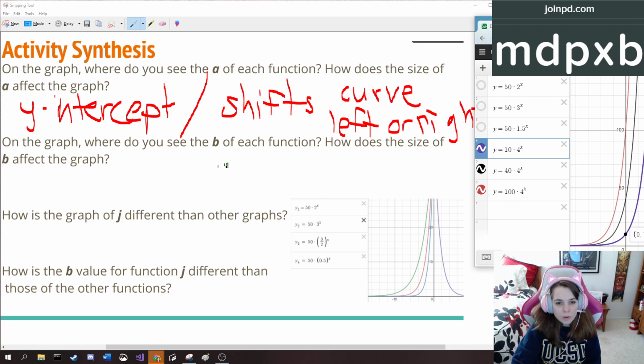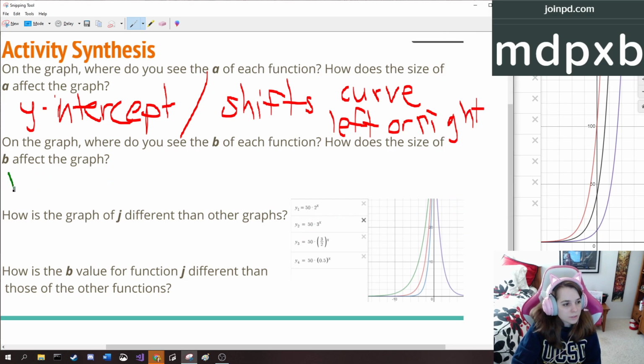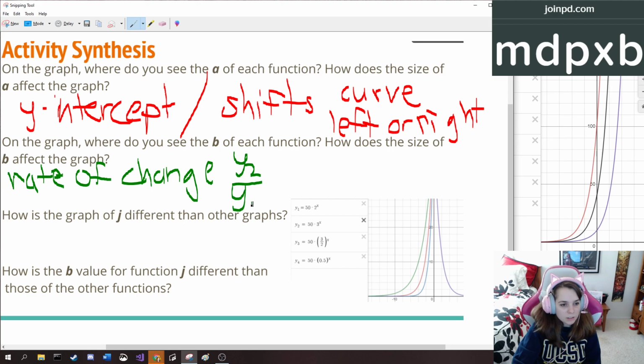So our b value is our rate of change from our y values. The b is going to be our rate of change, which you find by dividing. You would find the rate of change on a graph by taking y2 divided by y1.